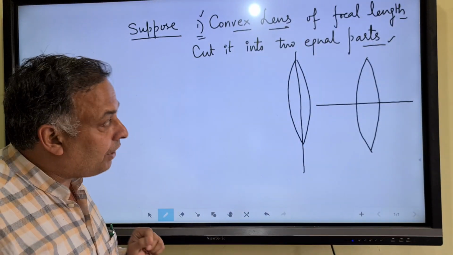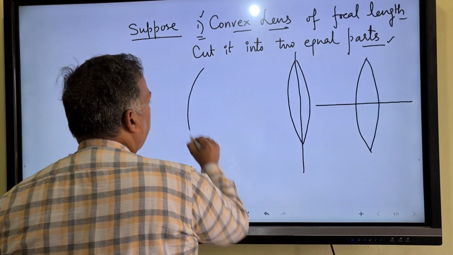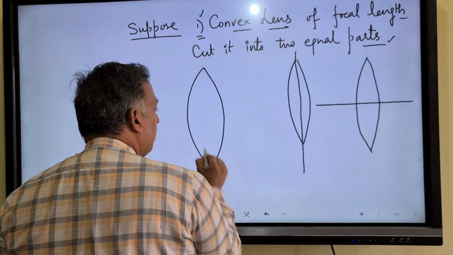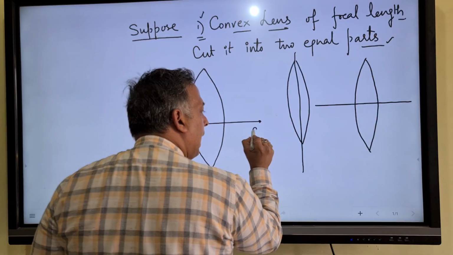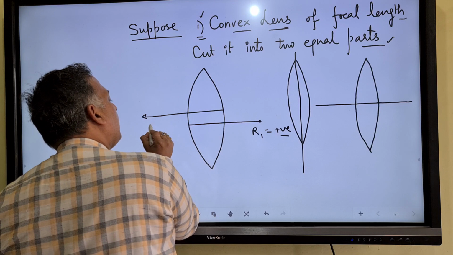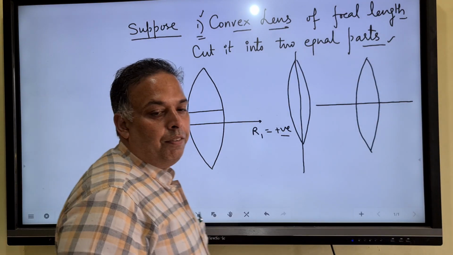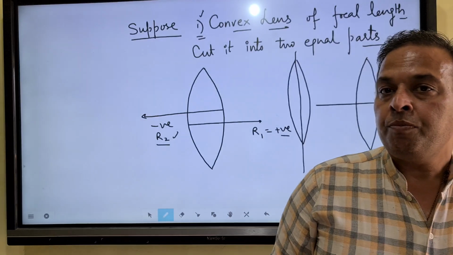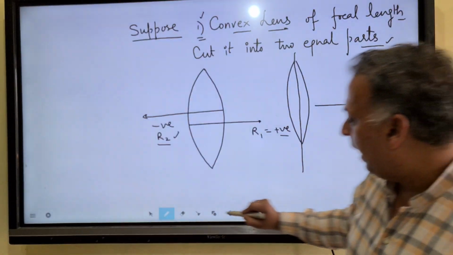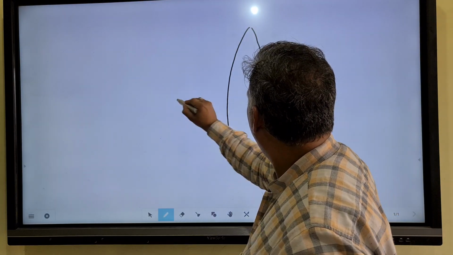When we cut it in this way, this is a biconvex lens, with R1 positive and R2 negative.